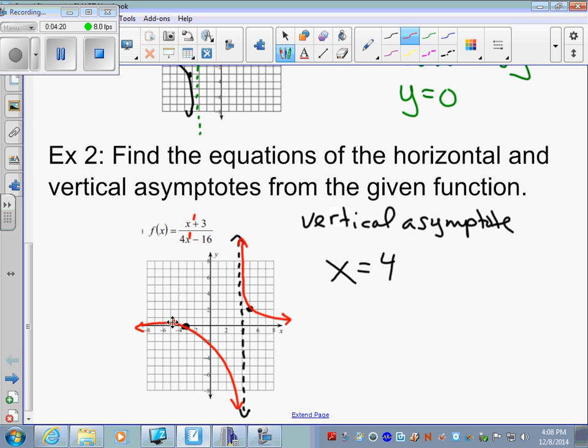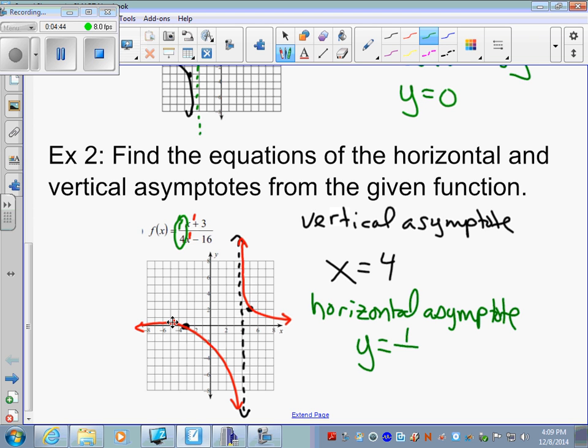So what you end up doing to find the horizontal asymptote is you take the coefficients of the 2 biggest powers, or 2 powers that are the same. So the horizontal asymptote is y equals, and the coefficients are 1 on top and 4 on the bottom. So the horizontal asymptote is at 1 over 4.